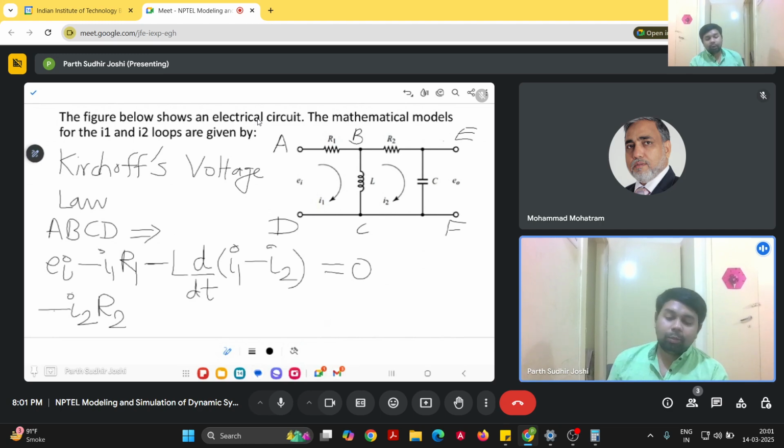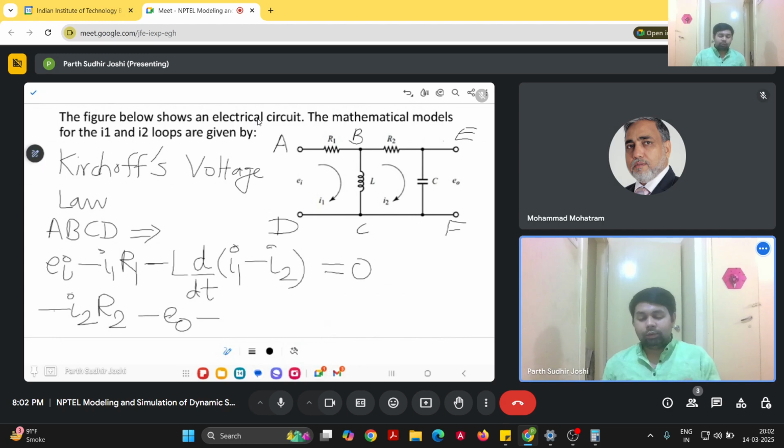If we move from B to E, there will be a potential drop if you go in the direction of current, and then the potential difference across the capacitor, which will be Eo, which is given here. We will write the specific form of that Eo.